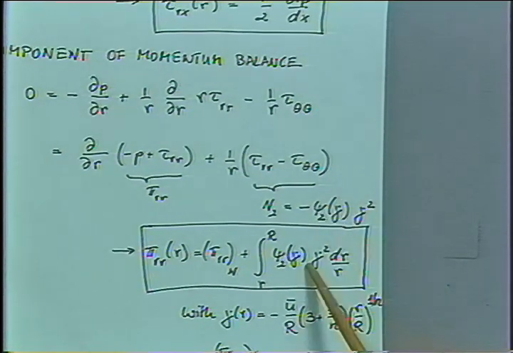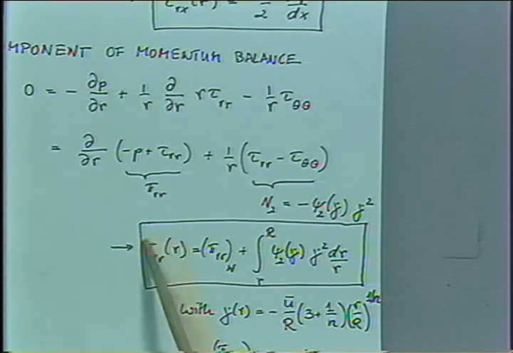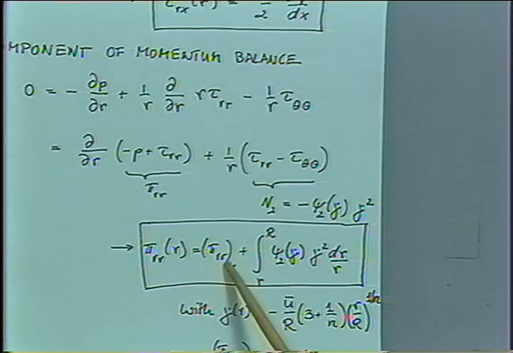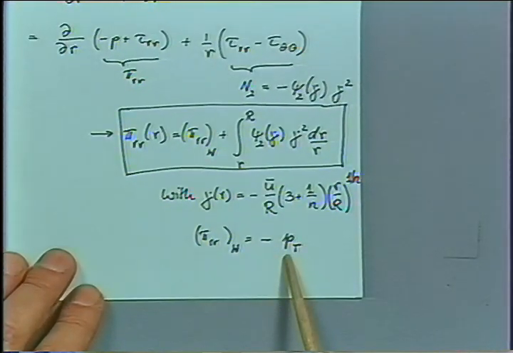Okay, so we enter this function, integrate, and then we get the pi r component at any radial position, since we know pi r at the wall. At the wall, remember, this was equal to minus the pressure which was measured with the transducer.